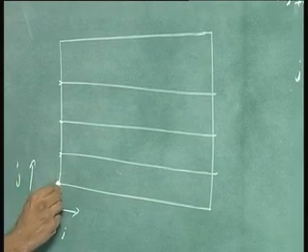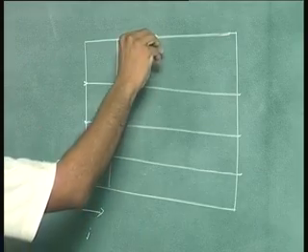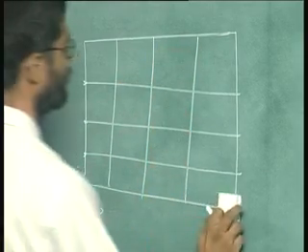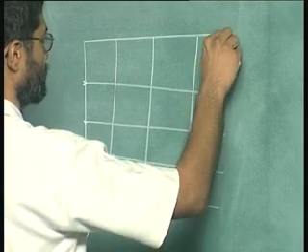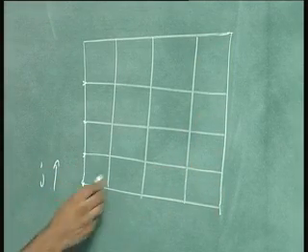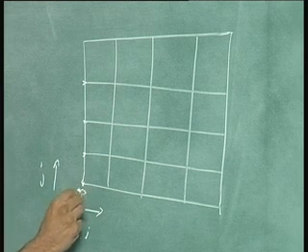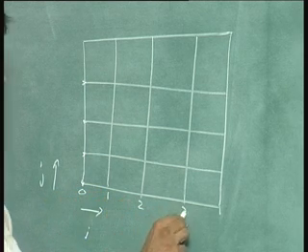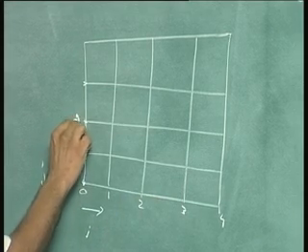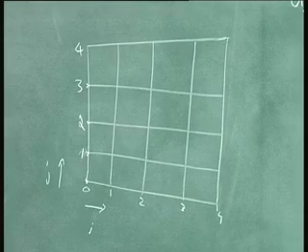This is 0 comma 0, and then we have 0, 1, 2, 3, 4 in this direction, and 0, 1, 2, 3, 4 in the other. So we have some grid like that.